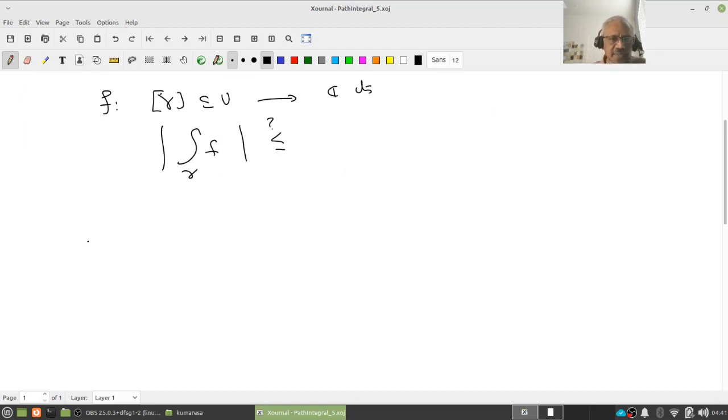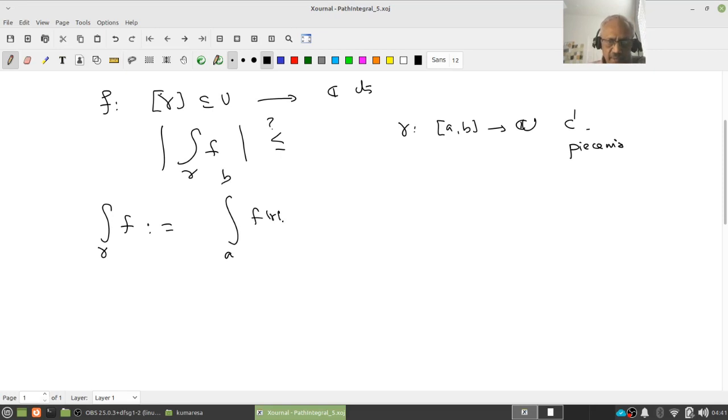Whenever I look at a path integral, there is an obvious guess. Let me assume gamma is C1, or actually piecewise C1. The obvious thing is you have to write down the definition. This is the integral from A to B of f of gamma t times gamma prime t dt.